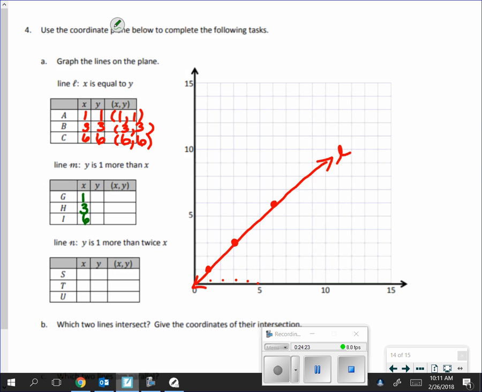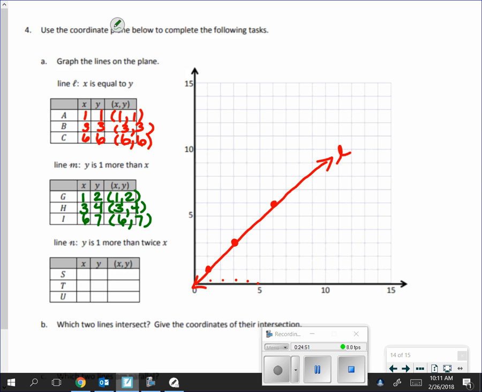But did you have to do that? No. So if x is 1, y is 2. x is 3, y is 4. Caitlin must be the only person in the room. x is 6, y is 7.